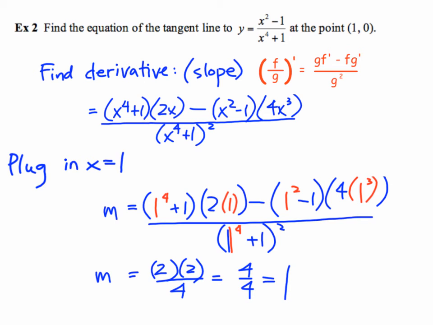Now I need to find the equation. And the formula for the equation that we use is y minus y1 equals m bracket x minus x1. So I have my slope equaling 1 and my point 1, 0 that I'm going to use to form the equation.